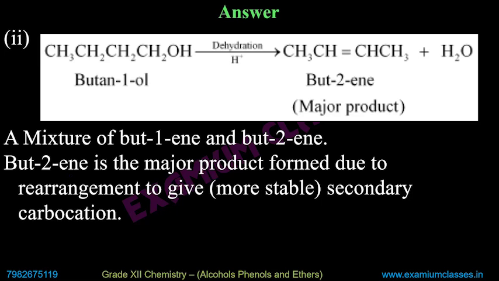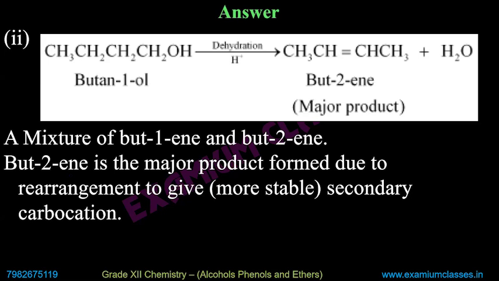And if there is a possibility, I'm repeating, if there is a possibility, due to very less energy requirement, the hydrogen can move from one carbon to another carbon and it can be converted from primary carbocation to secondary carbocation, then this may happen. And this is the case where it happens.